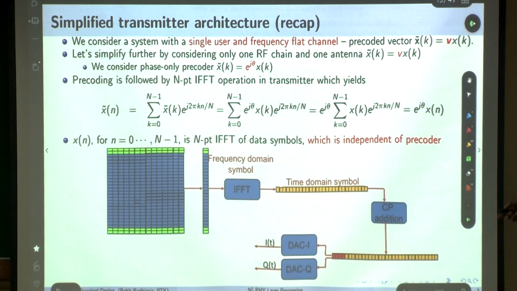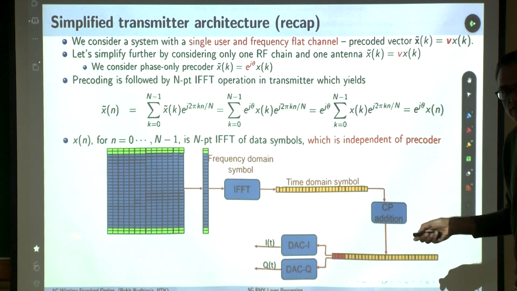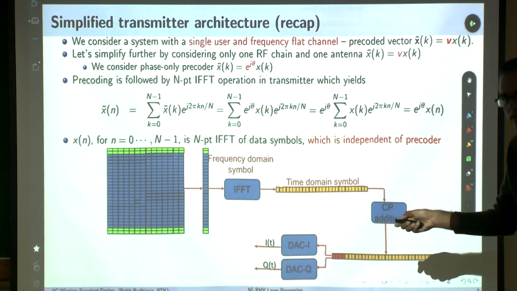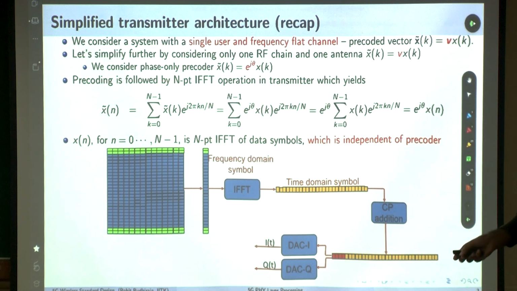So what is the kind of system we are considering here? We are considering a frequency flat channel. You see the channel is not varying across any of these subcarriers, because it is single user and a line of sight system. So you take IFFT, CP, digital to analog converter.